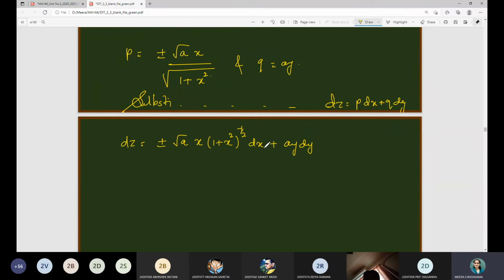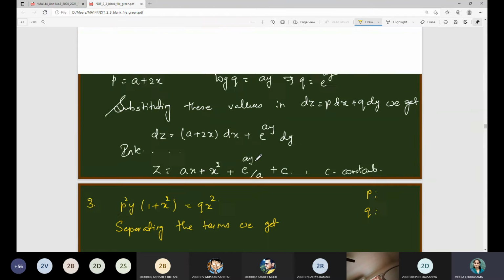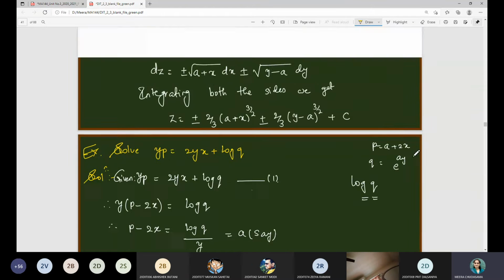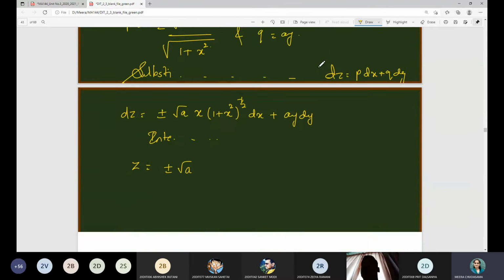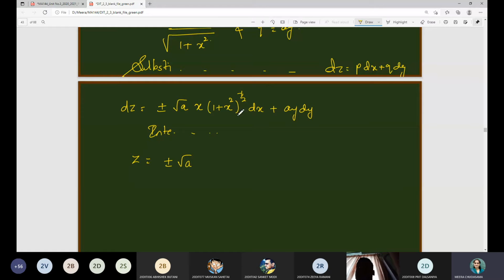So now taking integration both the sides, z is equal to plus or minus square root of a, applying that formula which I have written over here. Applying this formula, you can see that x square derivative is 2x, x is already there, so we will multiply and divide it with 2, right?